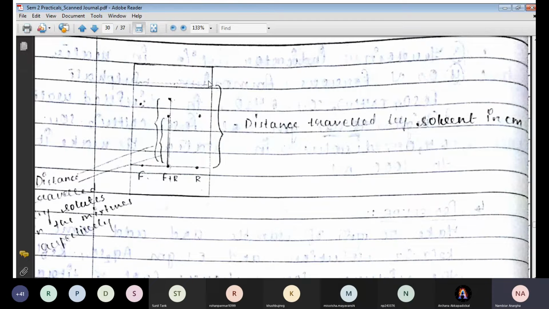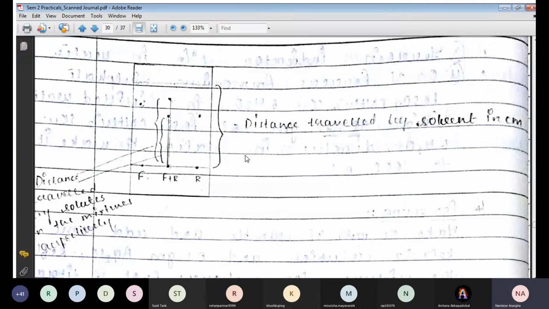Once it has been dried, now we know the distance that has been traveled by the solvent, because we have already drawn a line over there. So now we have to find an RF value, that is the retardation factor value. Now this value is unique; no two components will have the same RF value.